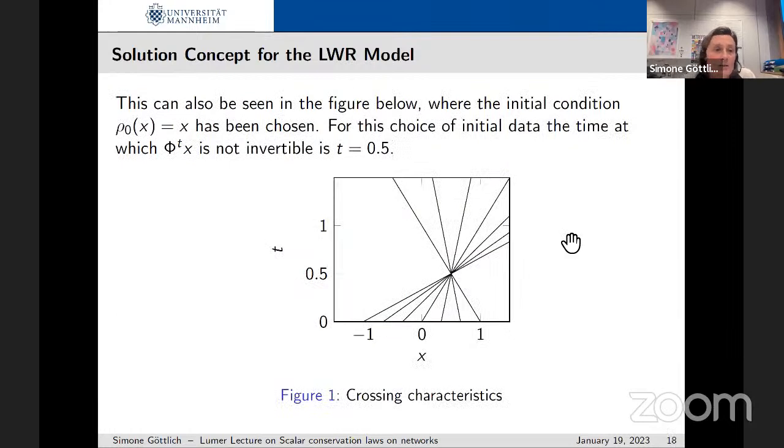In particular, for the special choice of the initial condition to be x, we see that the characteristics in the xt plane will cross at the time t equals 0.5, as we see here. And this would directly lead to a new solution concept for this kind of traffic flow model we have in mind.